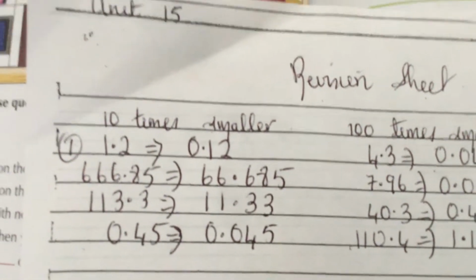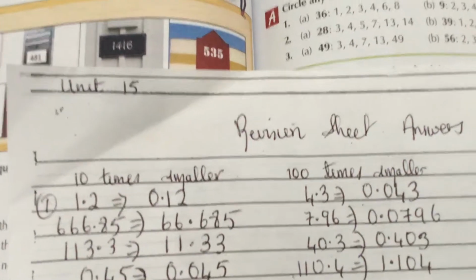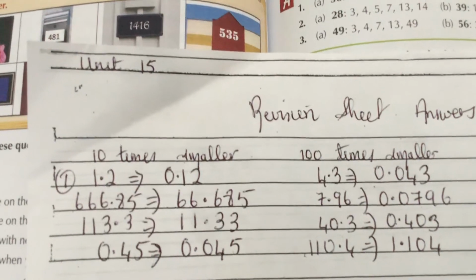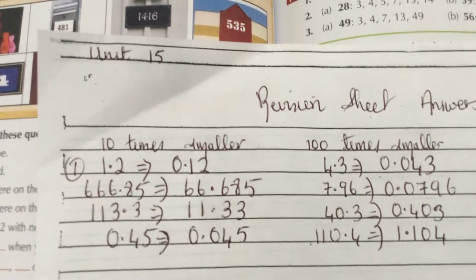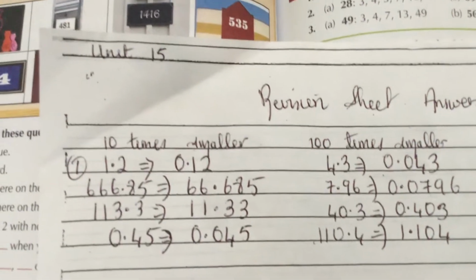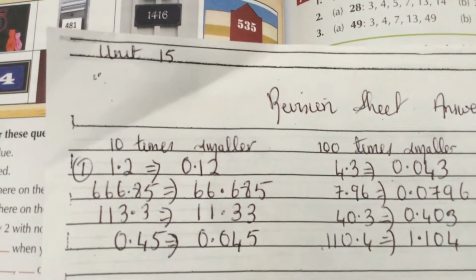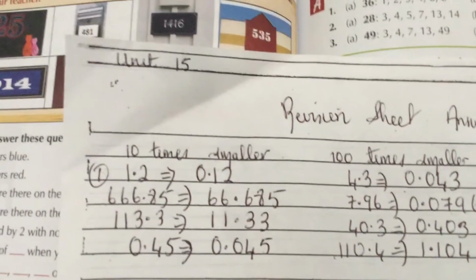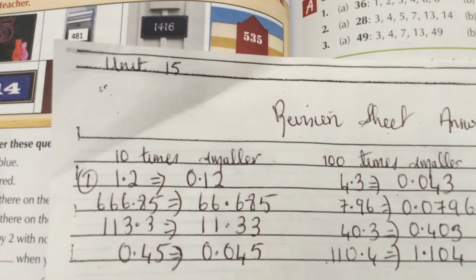Once you understand that the decimal point stays in place and it's the digits that move, you can use the trick. If the number increases, the digits move to the left: one place, multiply by 10; two places, multiply by 100; three places, multiply by 1,000. Making it smaller, the digit moves one place to the right when you make it smaller by 10, two places to the right for 100 times smaller, and three places to the right for 1,000 times smaller.